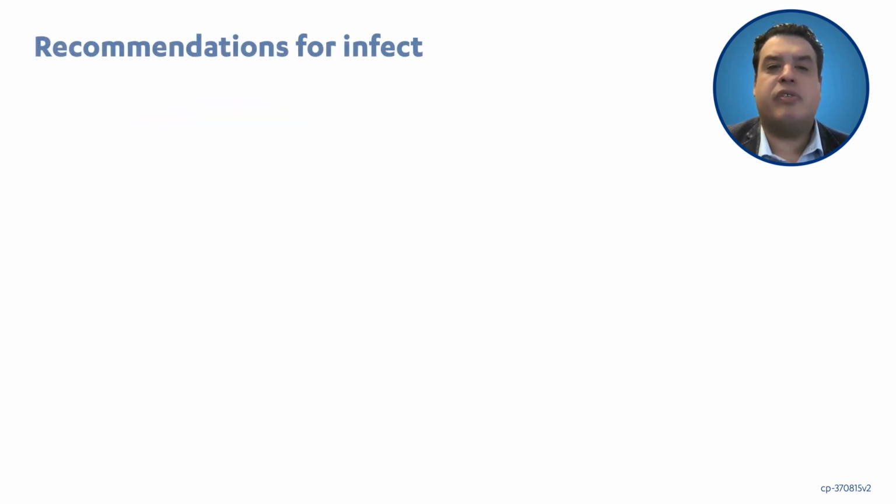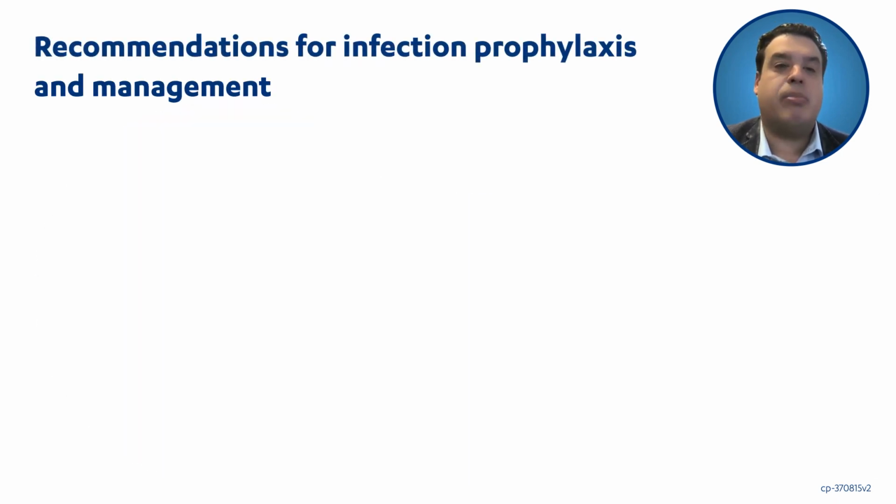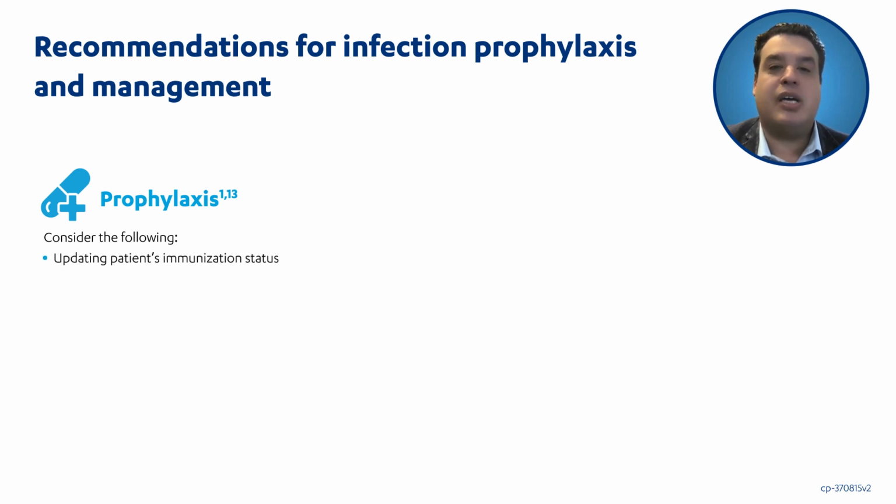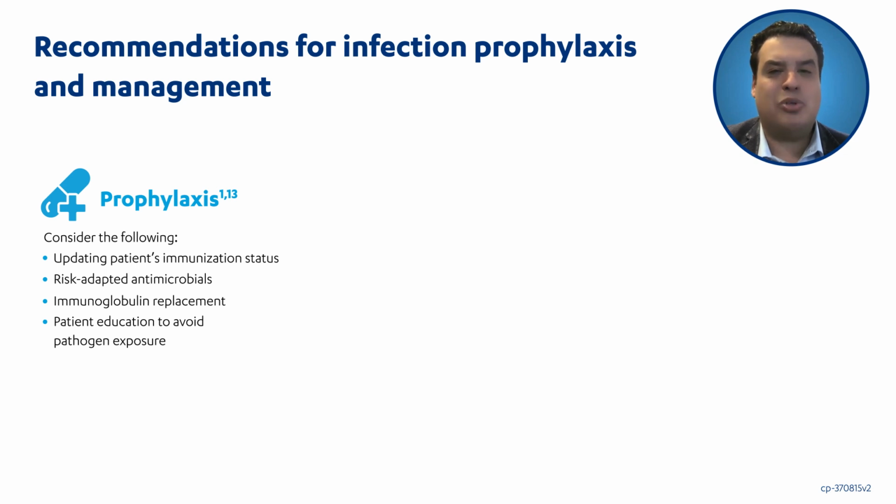Given the increased risk of infection, multiple organizations have compiled recommendations for the management of patients with cancer, including the NCCN and IMWG. For patients with multiple myeloma, consider prophylactic measures, such as updating a patient's immunization status, including seasonal influenza, COVID-19, pneumonia, and shingles vaccinations, risk-adapted antimicrobials, immune globulin replacement for management of hypogammaglobulinemia, and patient education to avoid pathogen exposure.